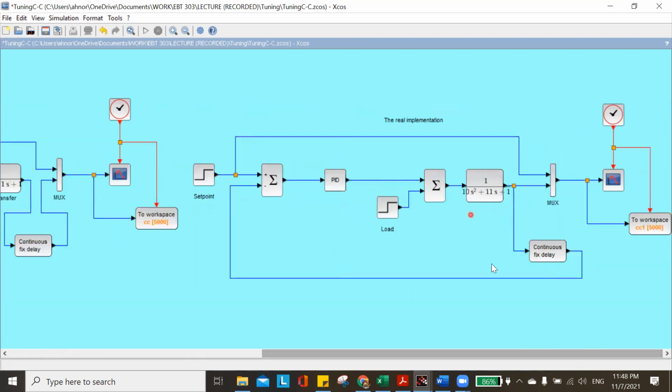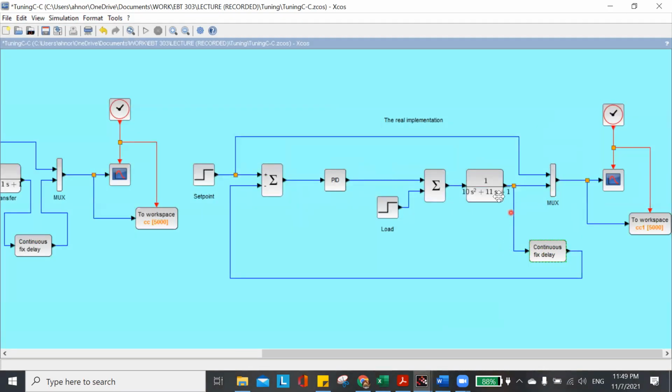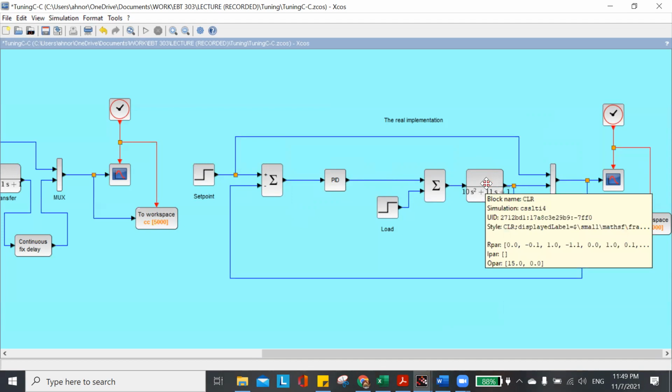Originally we have this control system, which is a feedback control system. This is the closed loop. I refer to the same problem from the lecture notes. We have a transportation lag with a delay of one time unit, and then a process with a second order system.